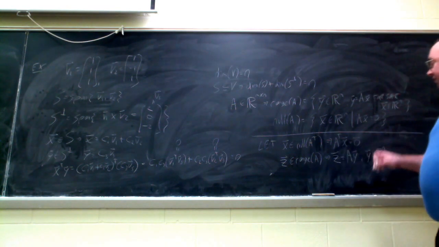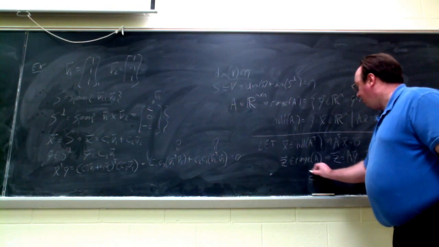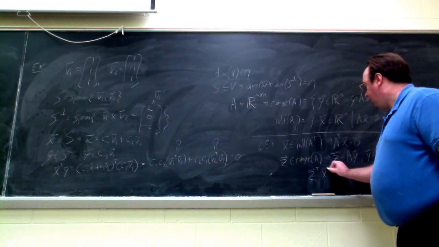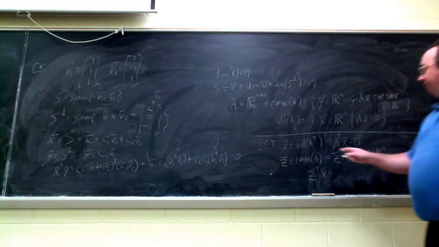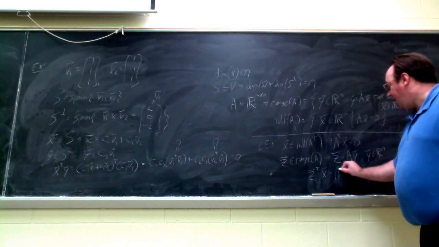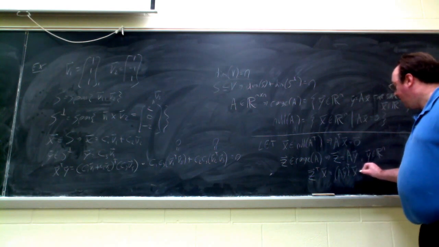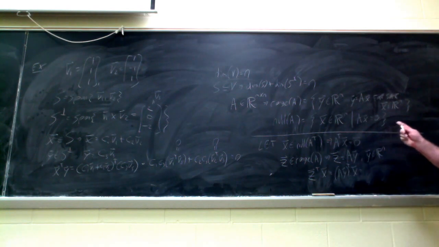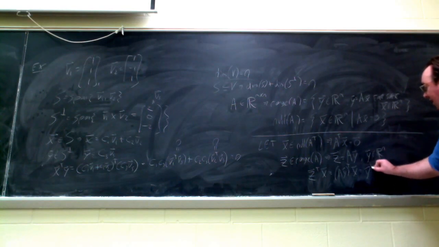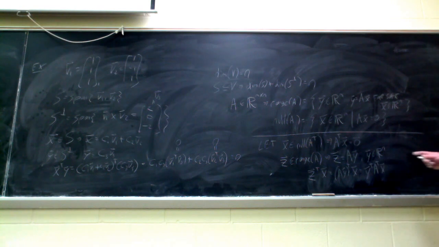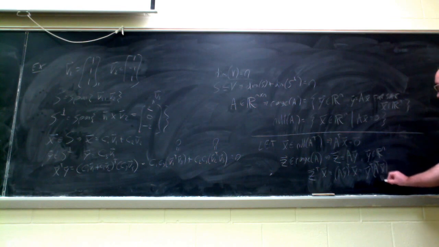So now I'm going to take a look at z transpose x. Well, z is equal to Ay. And using a property that the transpose of a product is a product of transposes in reverse order, I get y transpose A transpose x. But x is in the null space of A transpose, so this is a 0 vector.